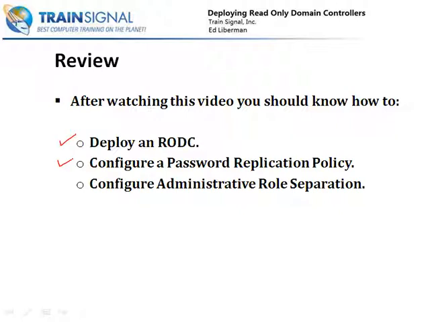As you saw, it can either be done for the entire domain if there are certain accounts you want cached throughout the entire domain to all read-only domain controllers, or you can configure it on a specific RODC. And then you should also now know how to configure administrative role separation. In other words, make somebody a member of a local administrators group so that they can administrate the local machine separate from Active Directory. And again, remember, that can only be done through the command prompt. It cannot be done through the GUI.